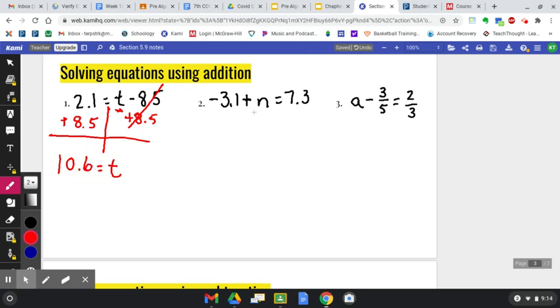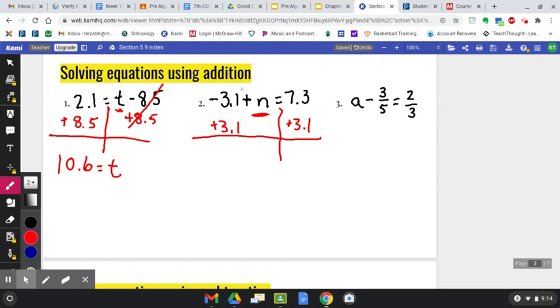Number 2. Okay, so here is my variable. It's negative 3.1 plus n. Now this one's a little bit confusing because I see this plus sign here, and we might want to minus, but if you think about it, this value here is what we need to cancel out, right? And it's a negative 3.1. So what I want to do is add 3.1 to both sides because that's what would get it to cancel.